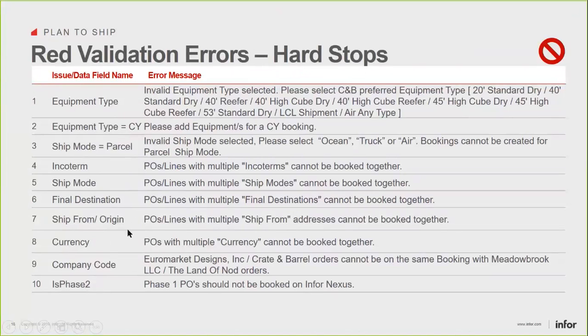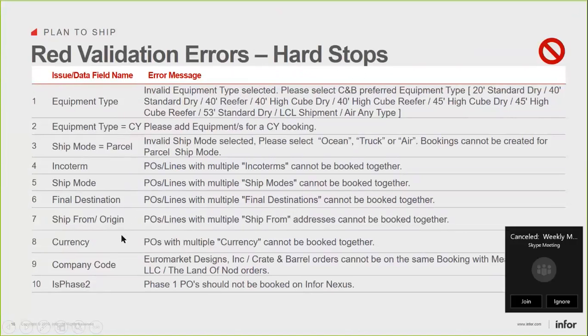So if these terms of the order lines on the plan to ship are different, then errors will be triggered, because all the order lines should have the same terms on the same plan to ship.